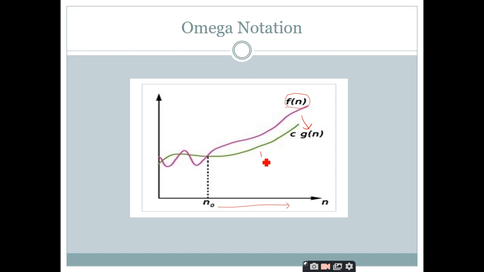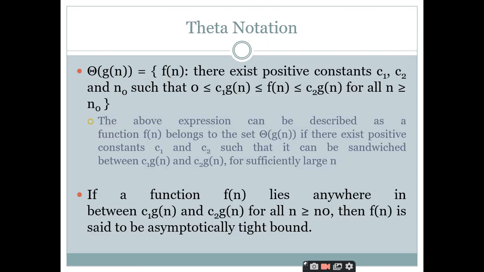So this represents the lower bound, and hence this omega notation represents the best case. Is it clear up to this point? Yes, sir. Right.